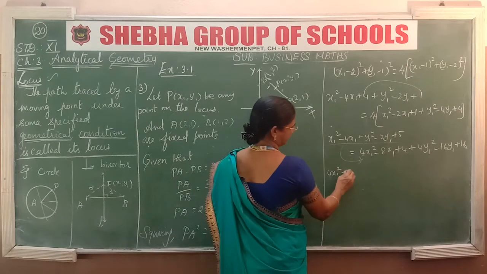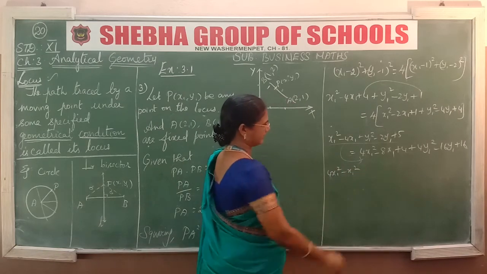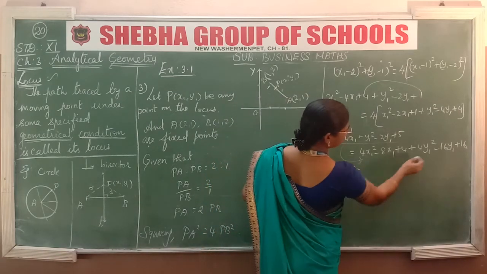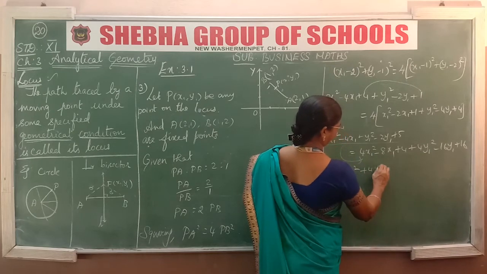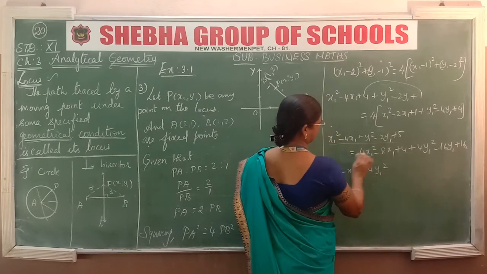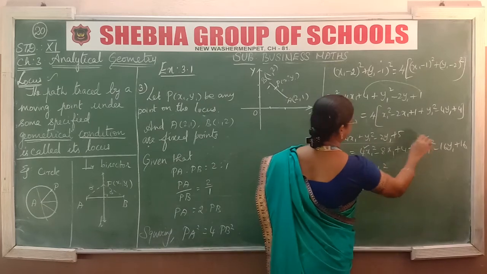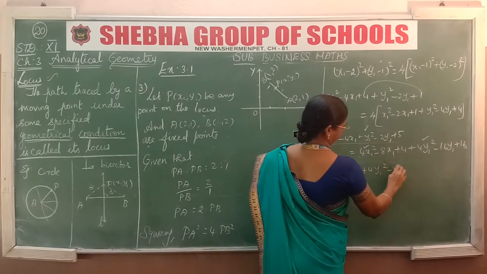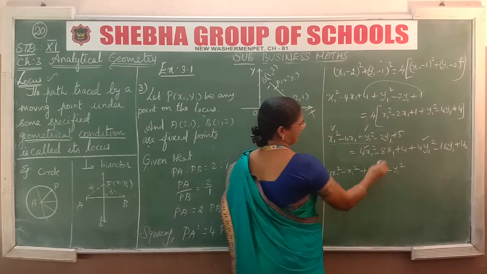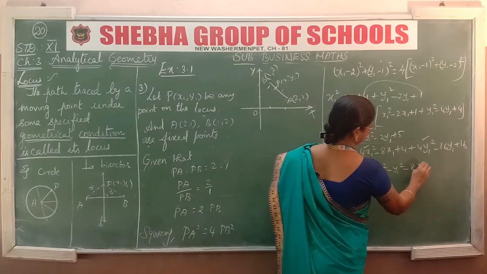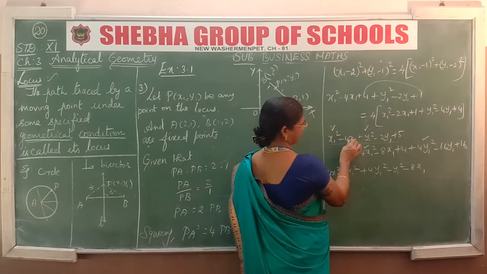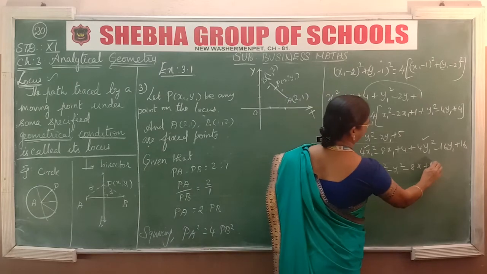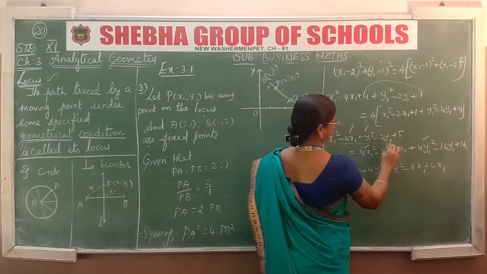okay, minus x1². Next write y1², 4y1², first take x1² and then y1² − y1². Next x1 term, −8x1, and this −4x1 becomes plus 4x1. Okay.